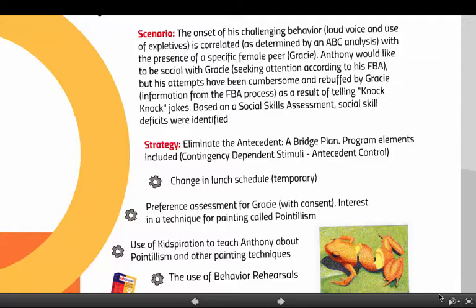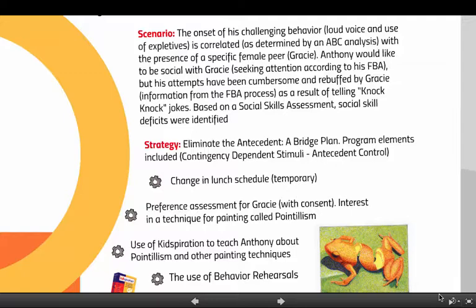Anthony liked to be social with Gracie, and we picked that up as a result of the FBA process. We made a determination that the function of his loud voice, the function of expletives, was to gain attention, and to gain attention from a very specific person.